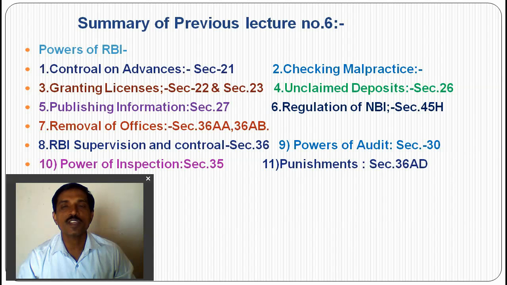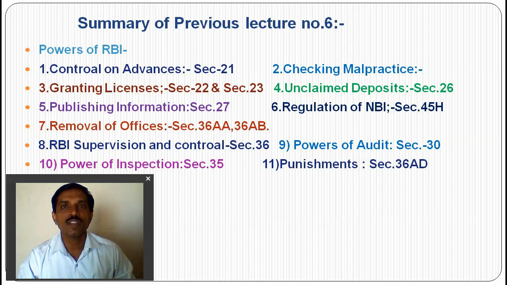Auditing is the important function which we see in this lecture. The powers of RBI include the auditing of every banking company under section 30. Power of inspection under section 35: every banking company is under the observation of the RBI, so RBI can inspect any banking company under section 31.